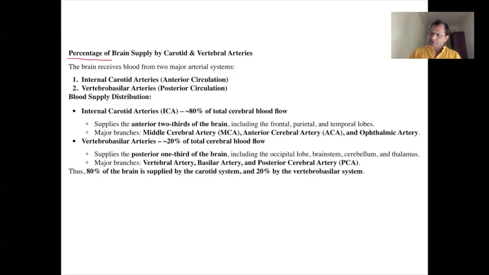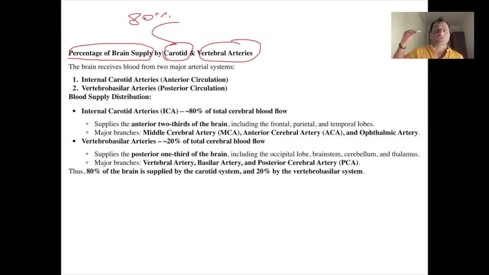So the percentage of the brain supply: one is the carotid artery, which supplies 80%. Another is the vertebral artery, meaning it comes from the vertebra, from the spine side, from the back side, supplying 20% of the brain.